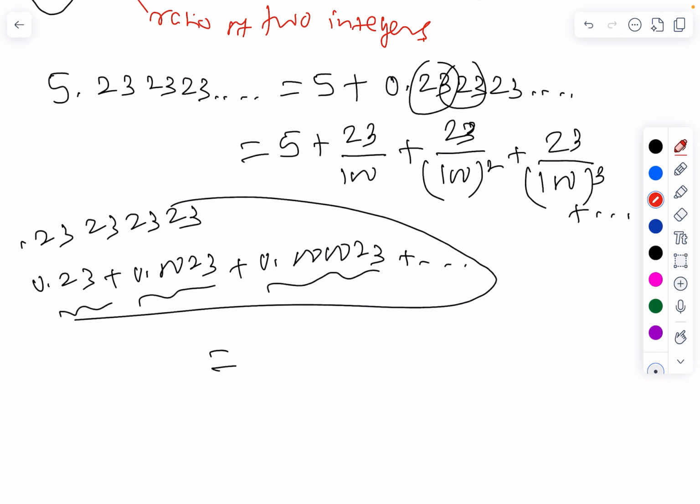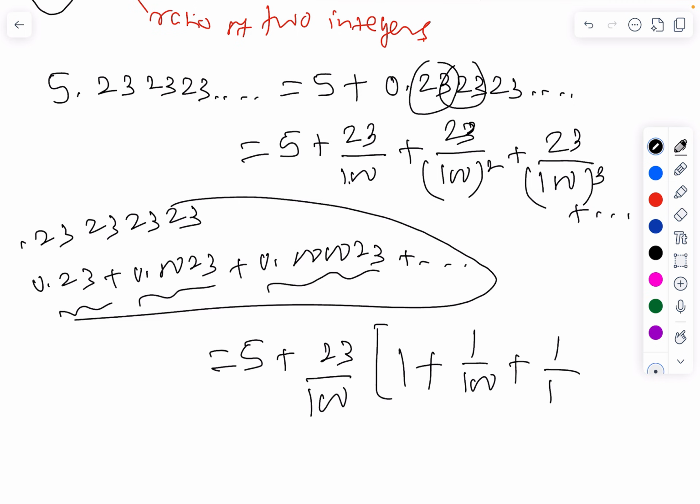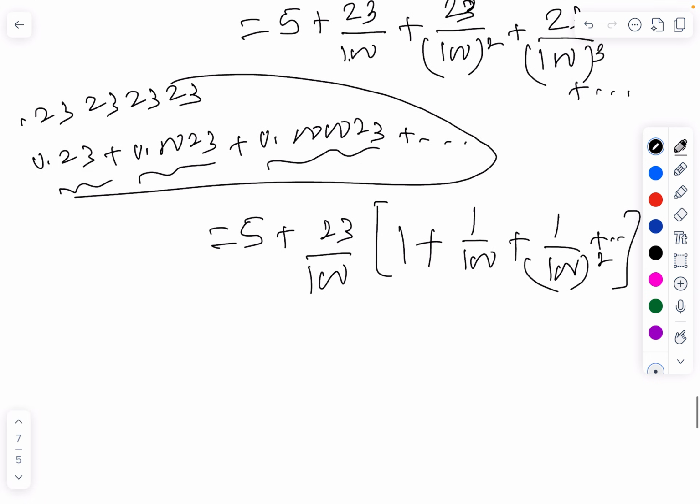Again we take it like this: 5 plus, let us take 23 by 100 outside. So here it is 1. 23 outside, 100 also outside, so this is 1 by 100. And this is 1 upon 100 square, and so on. And so this is a geometric series.